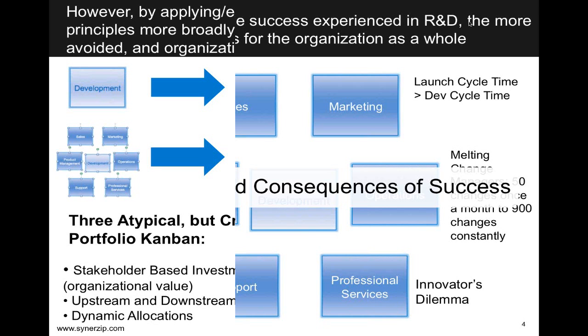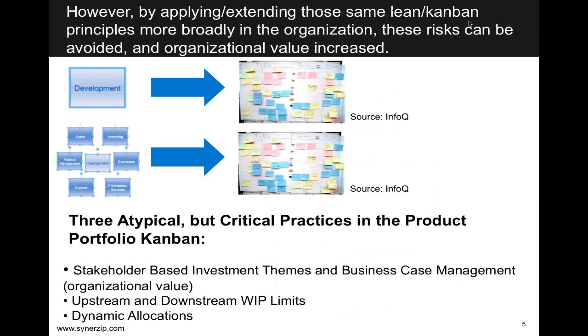So while that absolutely is the case, and being successful in development with Agile is not all roses, by applying the exact same principles that we've learned, particularly in the lean world, those issues can be avoided, and you can actually increase organizational value delivery versus Agile alone or the prior state of the organization.